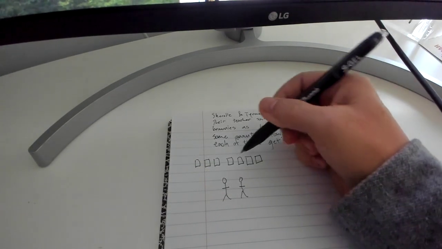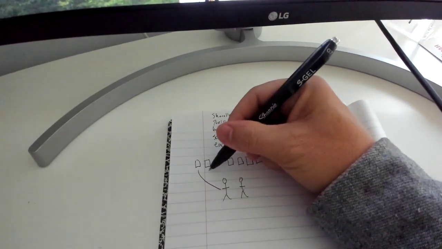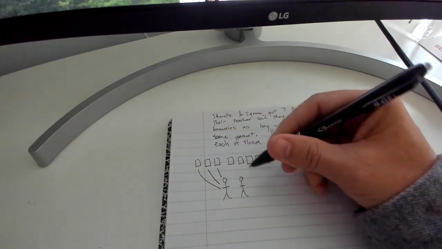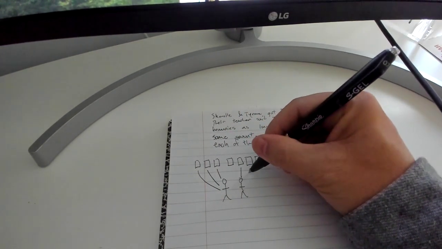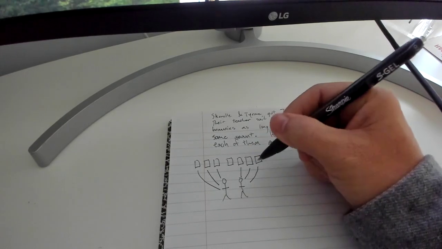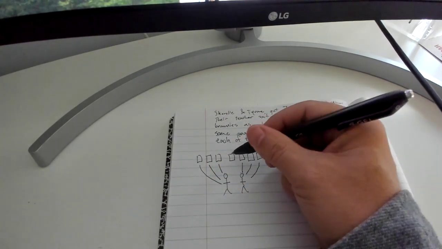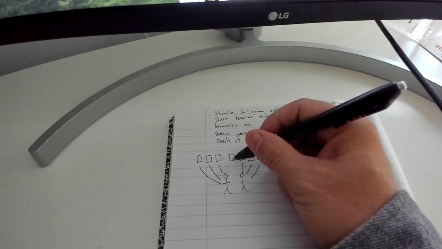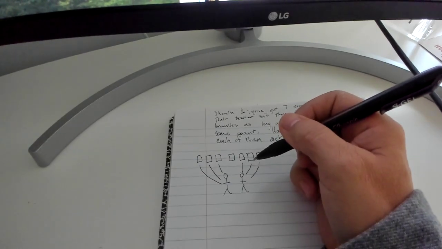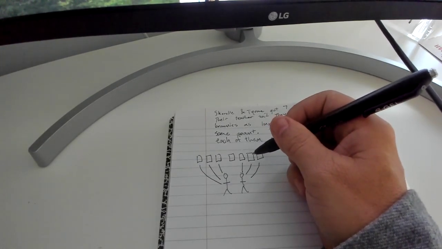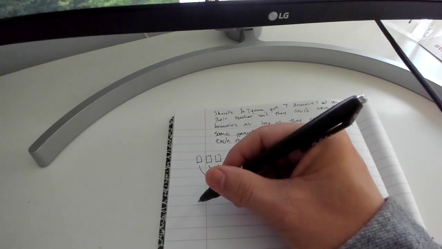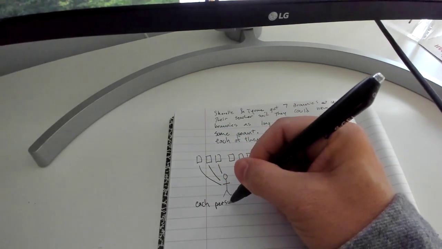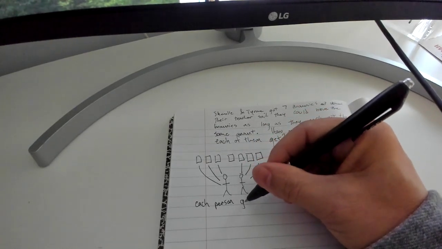And the student then says, all right, Sherelle gets 3, Tyrone gets 3, but it wouldn't be fair if they gave one of these to another individual, because one would have 4 and one would have 3. So the student says that each person gets 3 candy bars.